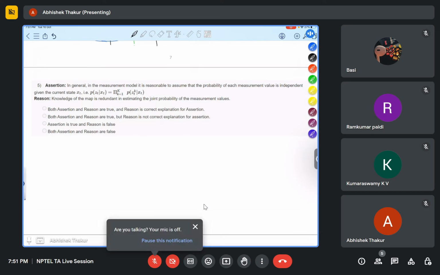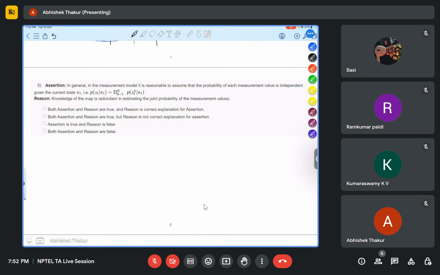The probability of zt given xt is the product of the probability of zt^k given xt, for k from 1 to K. Knowledge of the map is redundant in estimating the joint probability of measurement values. So both the statements are false here.